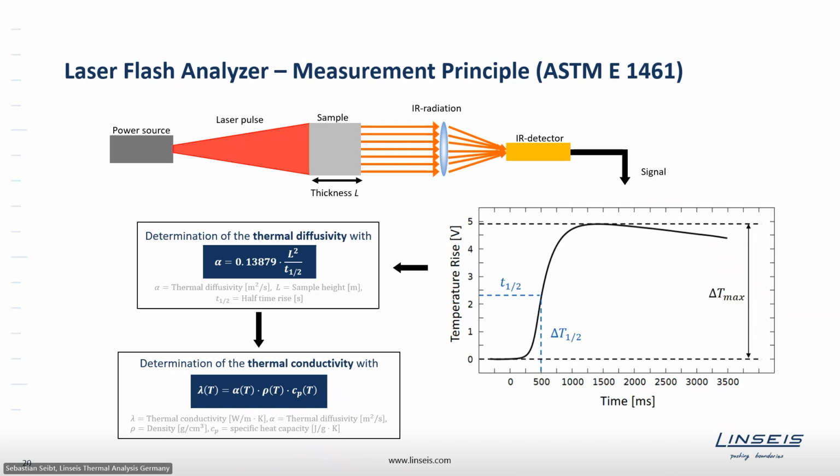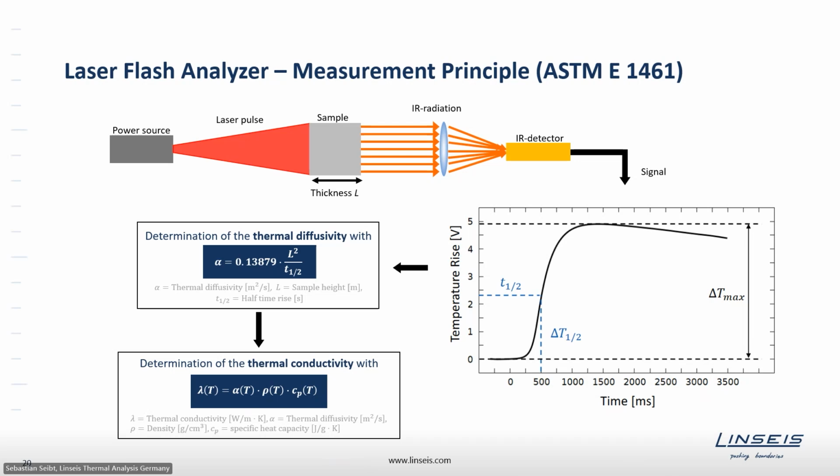So we have here a temperature rise with time, and out of this signal, we can find out the thermal diffusivity. For the thermal diffusivity, you see it in the upper block. There is a constant, a fixed constant. We need the sample thickness and the so-called half-time rise. The half-time rise is basically just the time at which the temperature rise reaches half of its maximum, and this timestamp is used for the calculation.